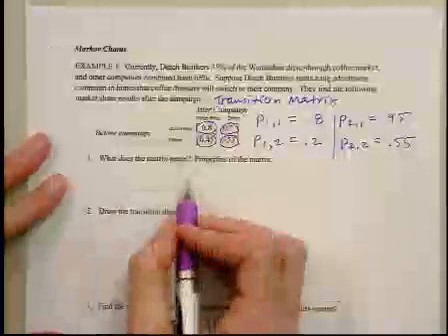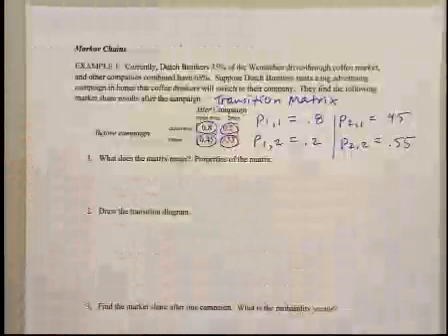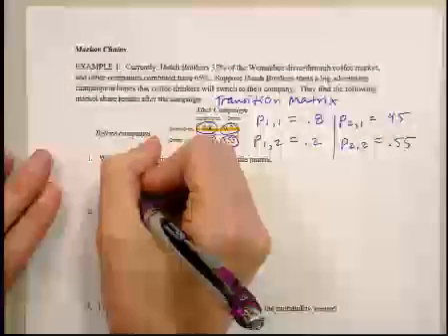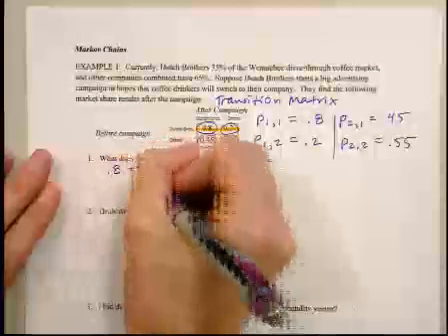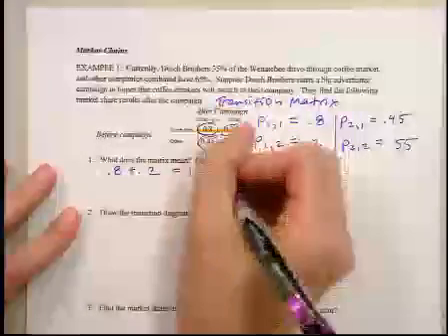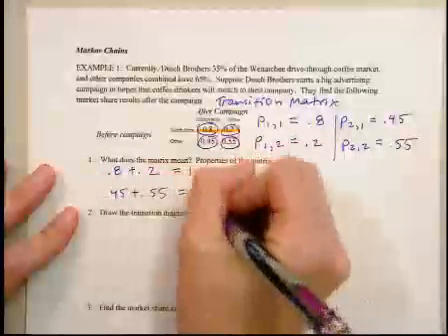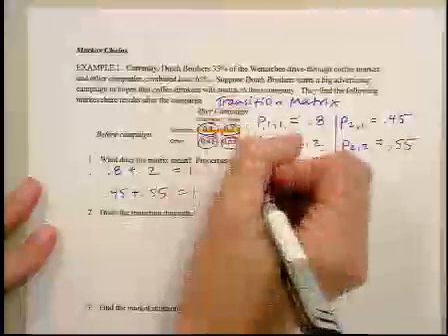Some properties of the matrix. You'll notice in this matrix, as we look at the rows, each row, so row 1, adds up to 1. 0.8 plus 0.2 is equal to 1. Same with row 2. 0.45 plus 0.55 is also equal to 1. So each row adds up to 1.